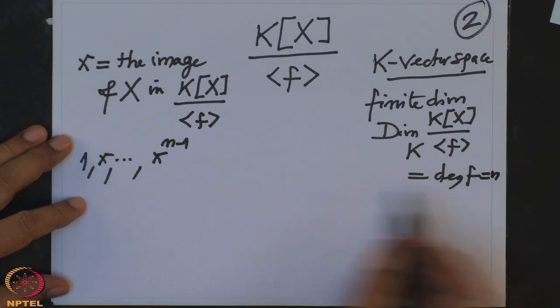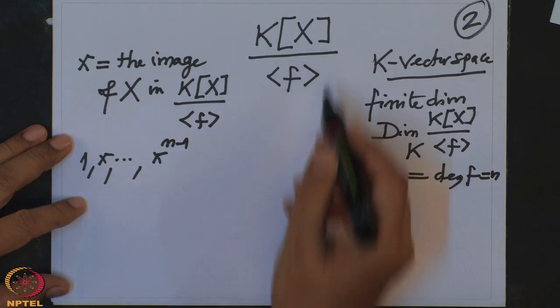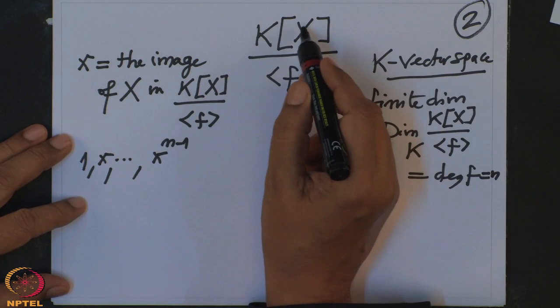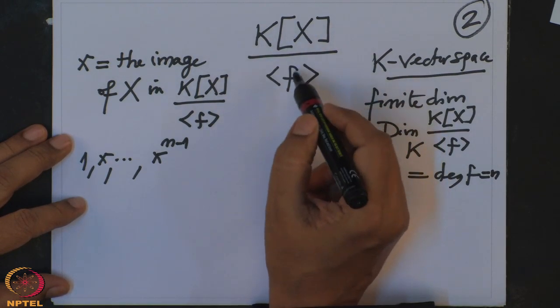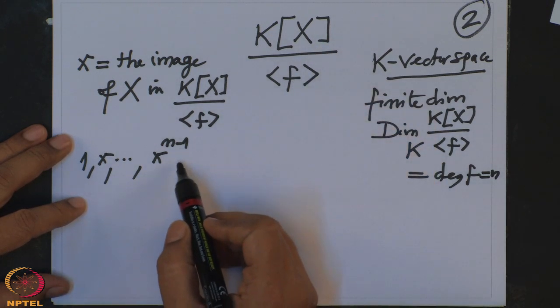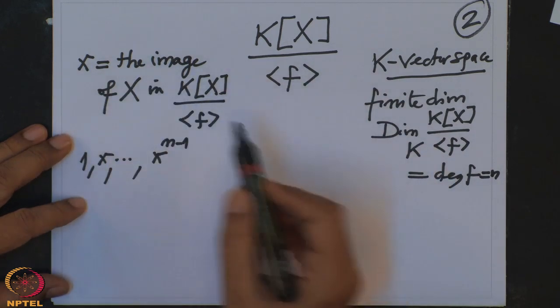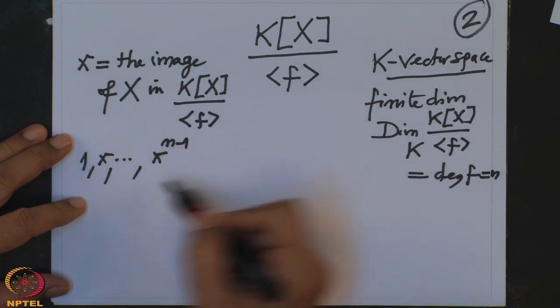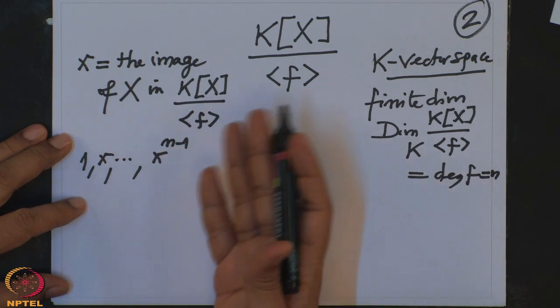This is how you use the division algorithm. Any element here will be a polynomial mod f, but after dividing by this monic polynomial f, I can assume its degree is less than or equal to n minus 1, and mod f means replace capital X by small x, and then you get a linear combination of these, and this is unique because the division algorithm is unique. Therefore, this is a basis.